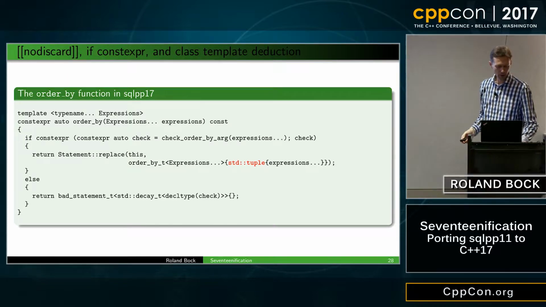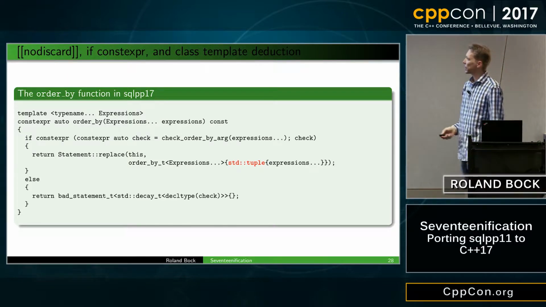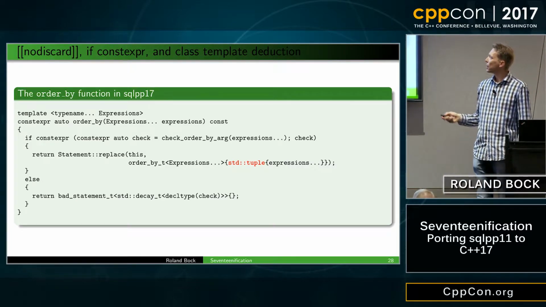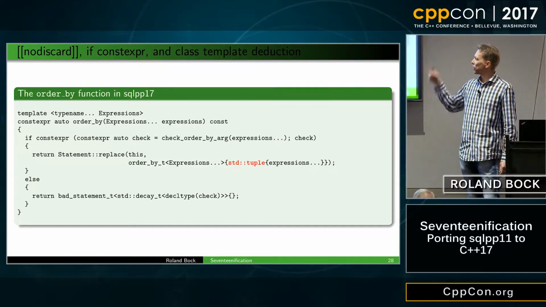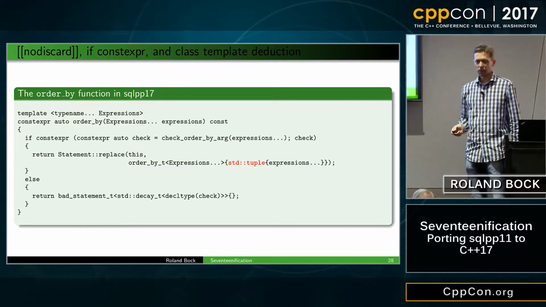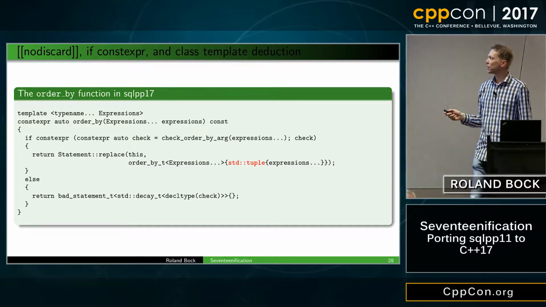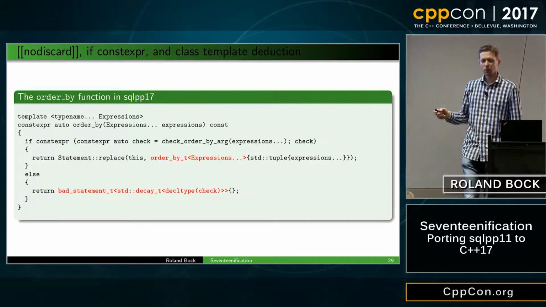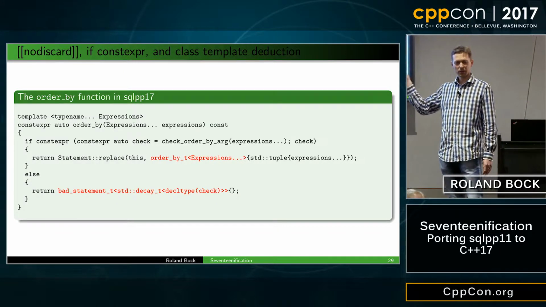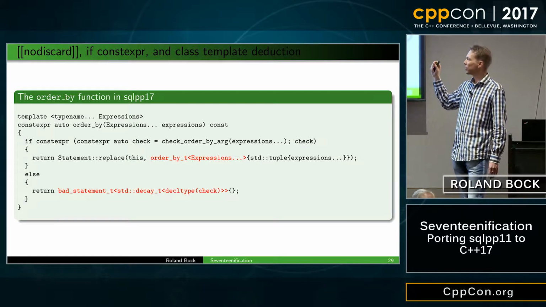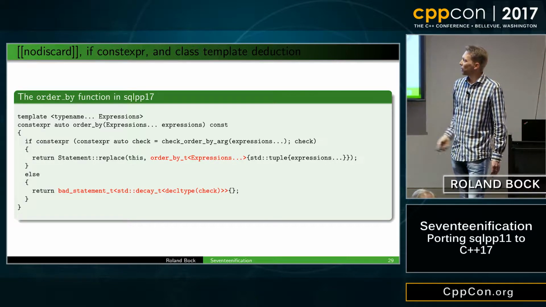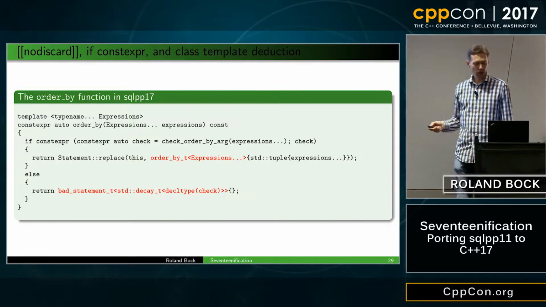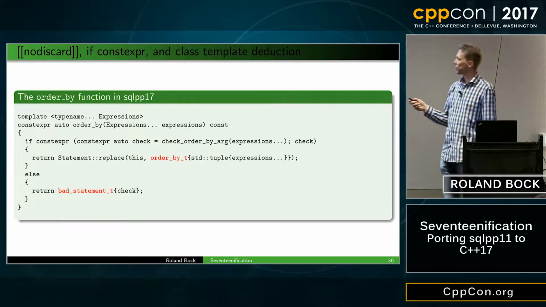So the compiler can, for many of the standard types, already deduce that and figure out the template parameters for tuple itself. And we can do the same for our own things, and then the whole question of whether I want to decay this or not will go away, because I can use class template deduction for this as well.